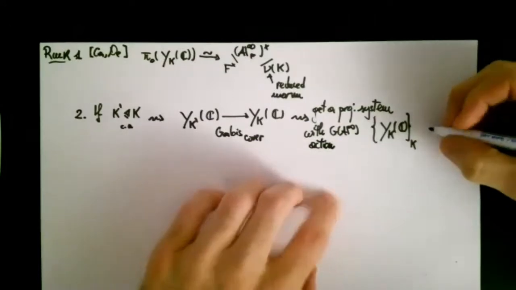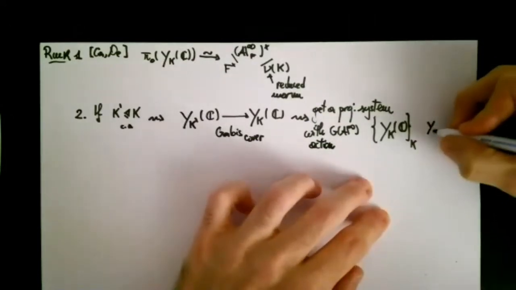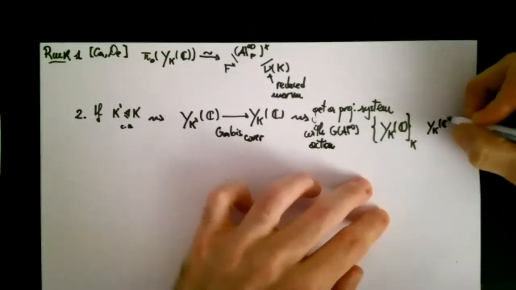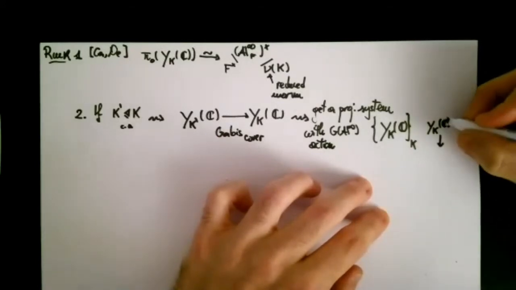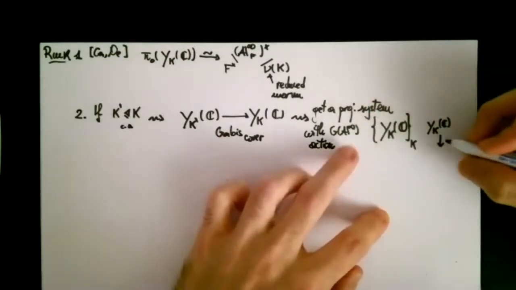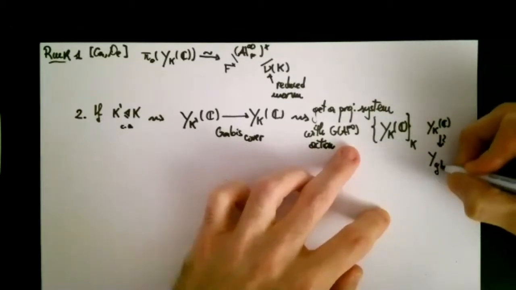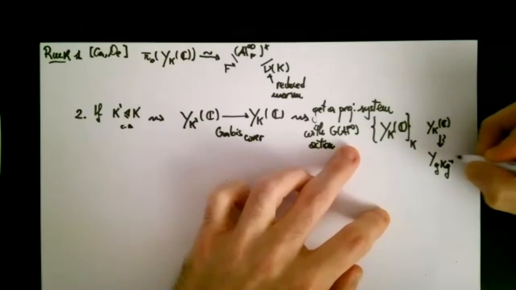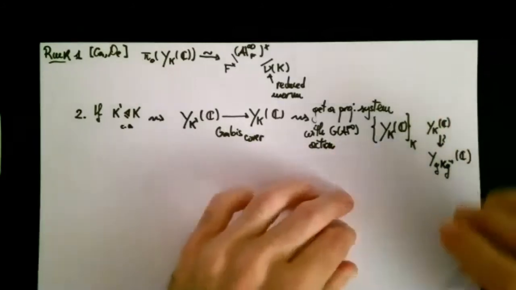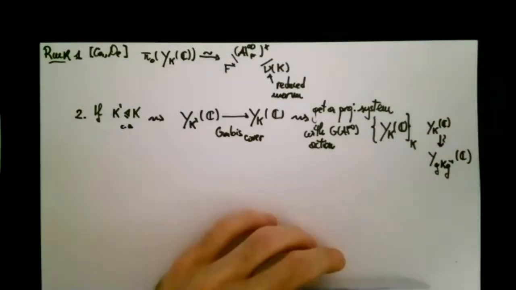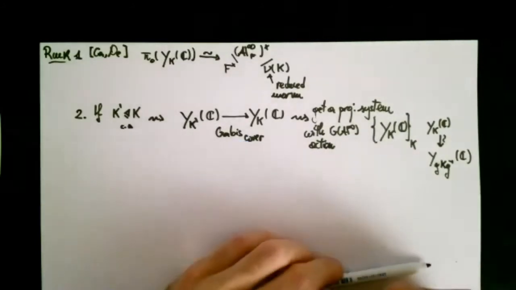And this is simply because we have a conjugation. So the conjugation by elements of G(A_infinity) gives isomorphisms this way. And the nice thing is that all this construction algebraizes as well.